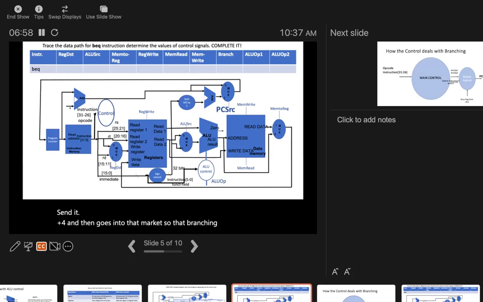So what would be useful is to just trace the path which the BEQ instruction is going to take. And yes, we are not activating the write.